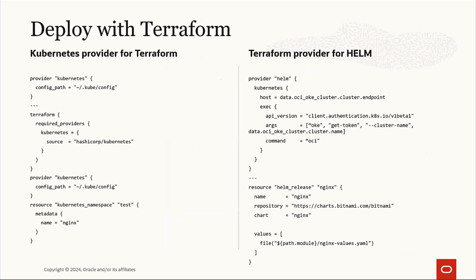More fun stuff. If you're using Terraform or infrastructure as code, as we talked about in a previous session, there is a Terraform provider for Kubernetes and a Terraform provider for Helm. So again, I could have my infrastructure as code not only provision my Kubernetes cluster, but also apply my Kubernetes config or my Helm charts to deploy my application once the cluster is up and running.